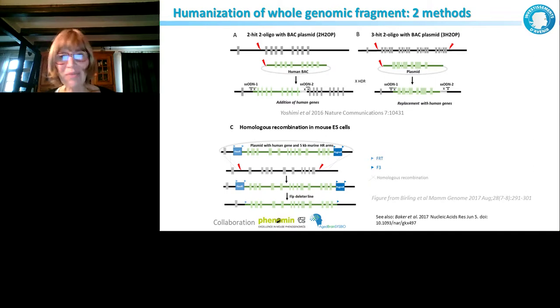I don't know why, but I think a lot of people tried to obtain the same approach using BACs with 2 guides, and they call this 2 hits, 2 oligos, or 3 hits, 2 oligos. They tried this approach. You can go and see. I won't go into the detail of this experiment. It seemed to work in rat, perhaps because of the eggs. The rat eggs are more resistant, but when you go into the mouse, it doesn't seem to work so well.